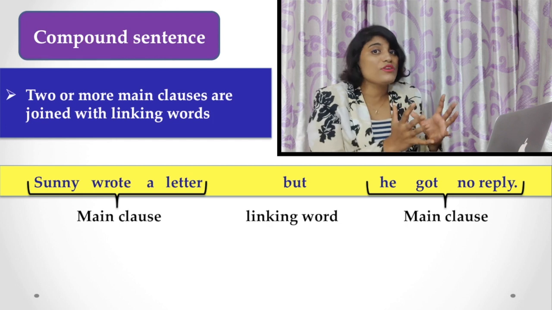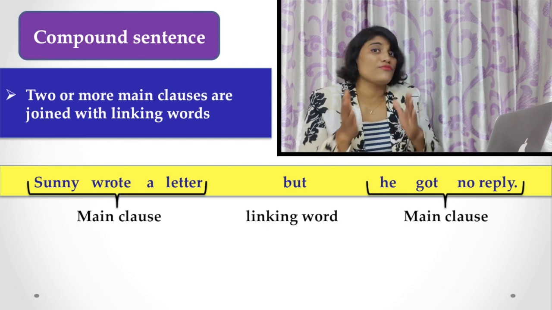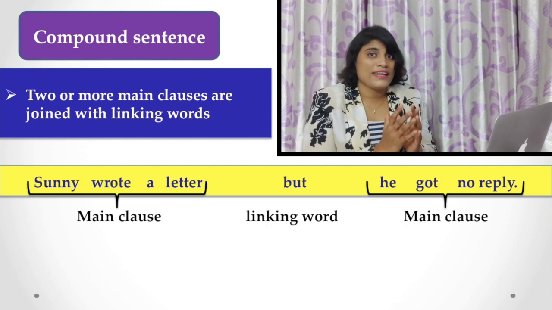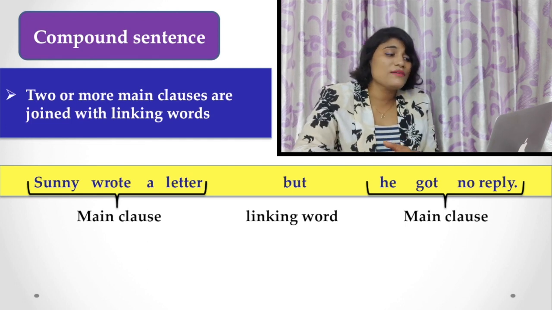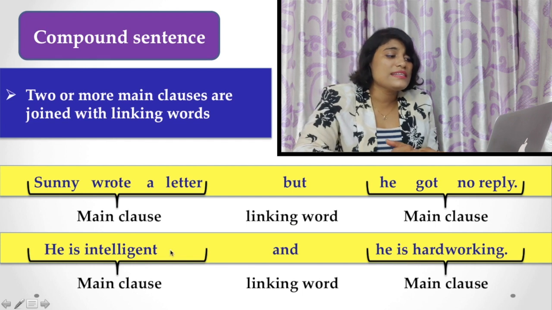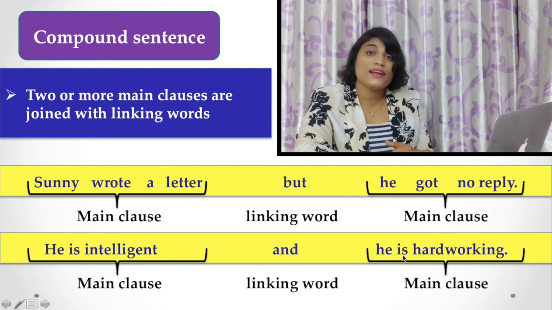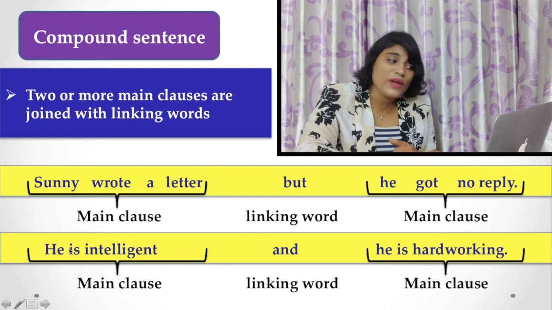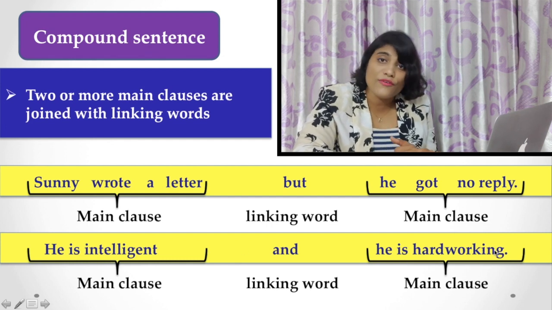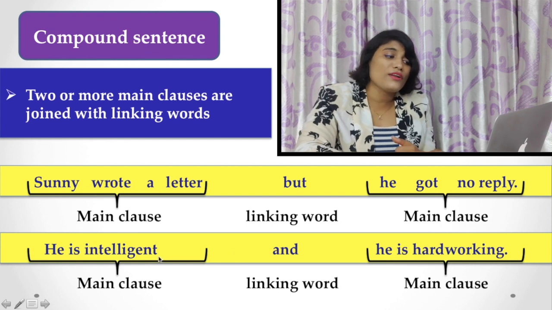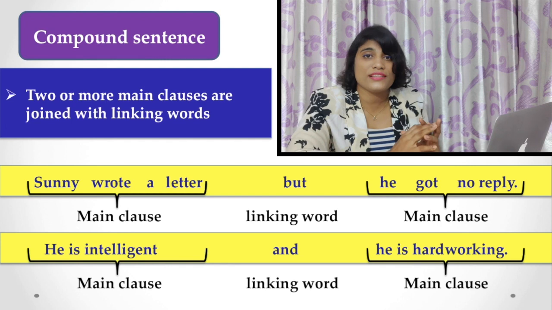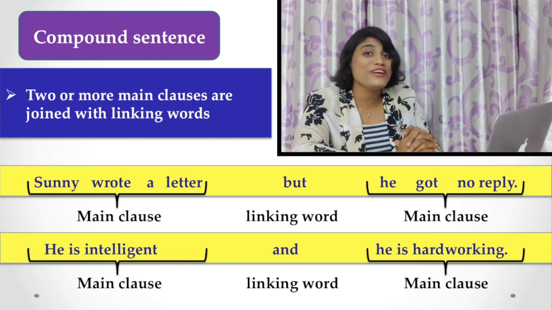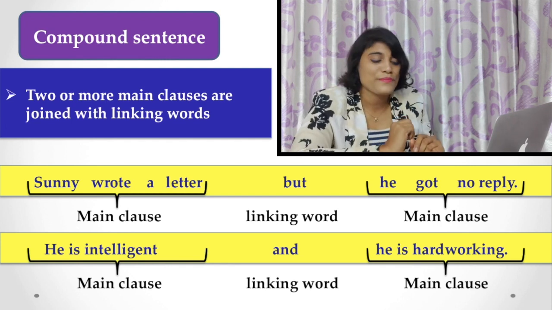These two grammatically correct sentences are joined with a linking word but, and this is an example of a compound sentence. Another example for you: he is intelligent and he is hardworking. These two main clauses have their own meaning. They don't depend on each other. We just put them together with the linking word and.